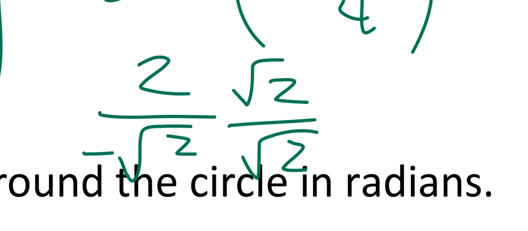Will you panic if I do this? Will you panic if I do that? Okay, so what's radical 2 times radical 2? Radical 4. And we all know the square root of 4 is 2. So on the bottom, I canceled out 2 and 2.